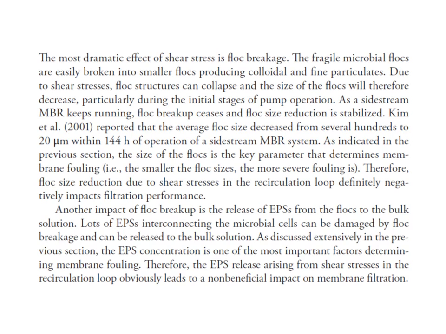So as I mentioned, the most dramatic factor of shear stress is plug blockage, because microbial plugs are not very rigid and strong, which means they are likely to be very fragile.